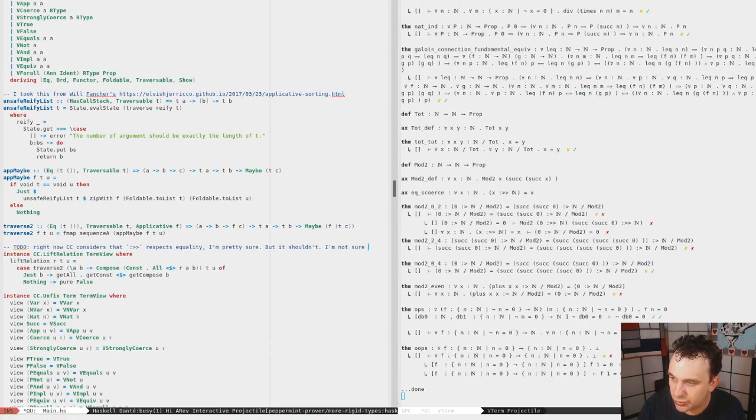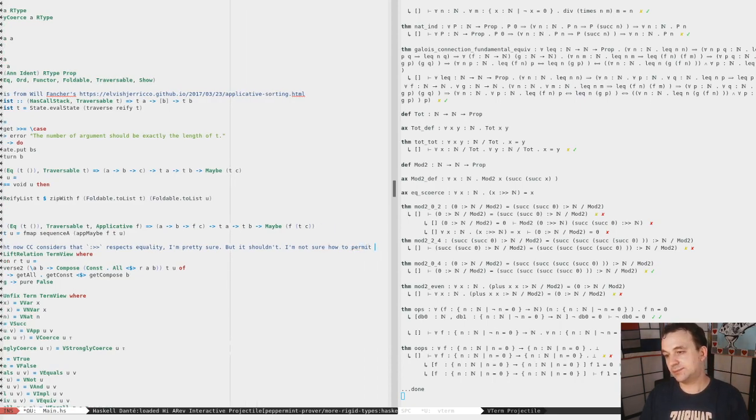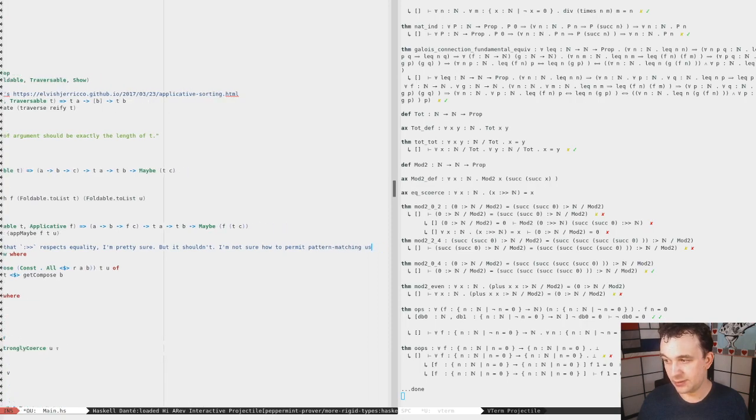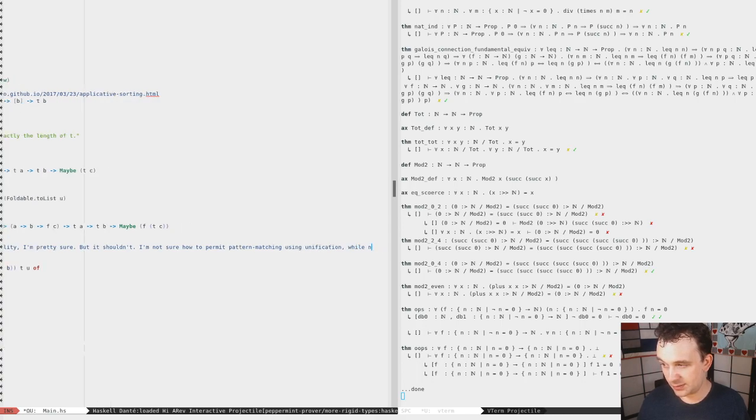I'm not sure how to permit pattern matching using unification while not making it possible.